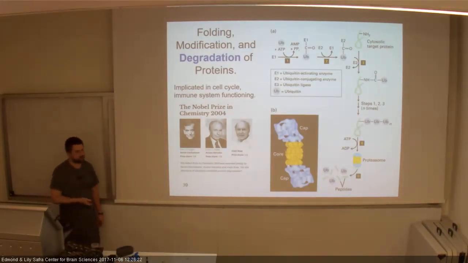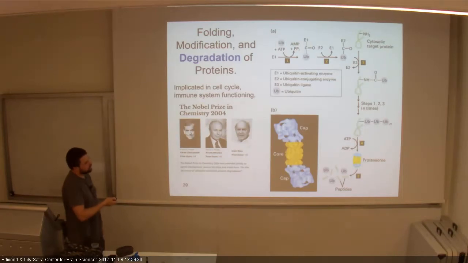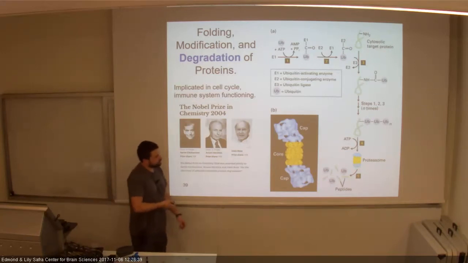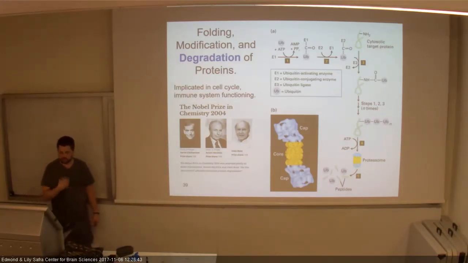After there are enough ubiquitin tags on the protein, it is guided to a large protein structure called a proteasome. And this proteasome dices up the proteins into small peptides and amino acids. And this is how the cycle finishes.